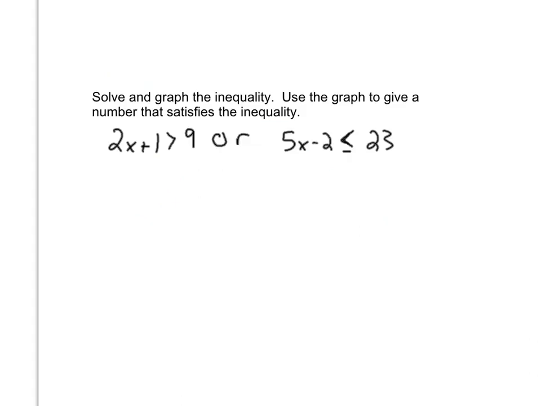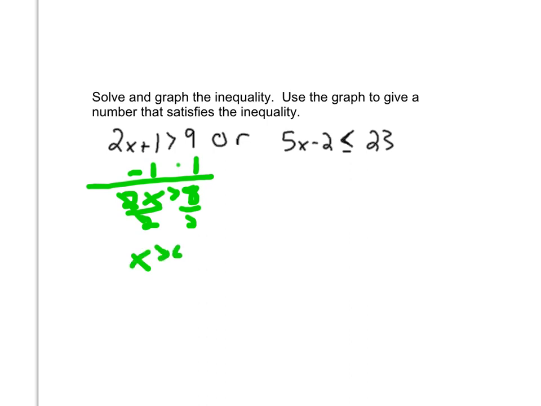Okay, so again, solving and graphing. So let's go ahead and solve these here. So we're going to subtract 1. Gives us 2x is greater than 8. Divide by 2, divide by 2. And x is greater than 4. Or subtraction to addition. We need to add 2 to both sides to get rid of that.